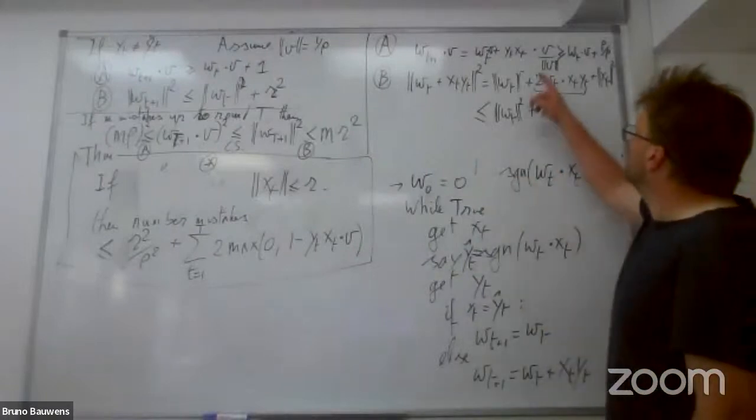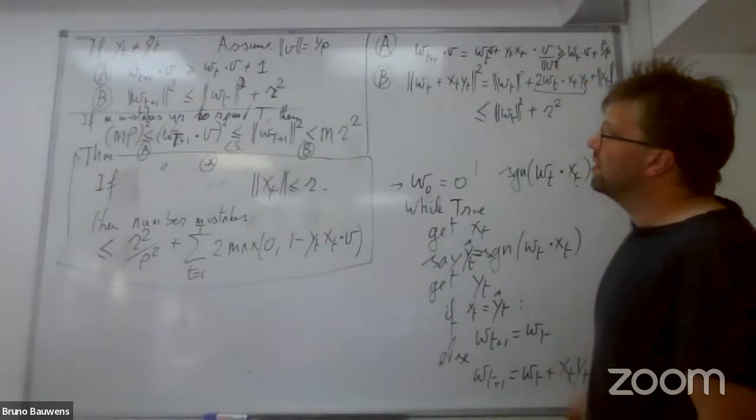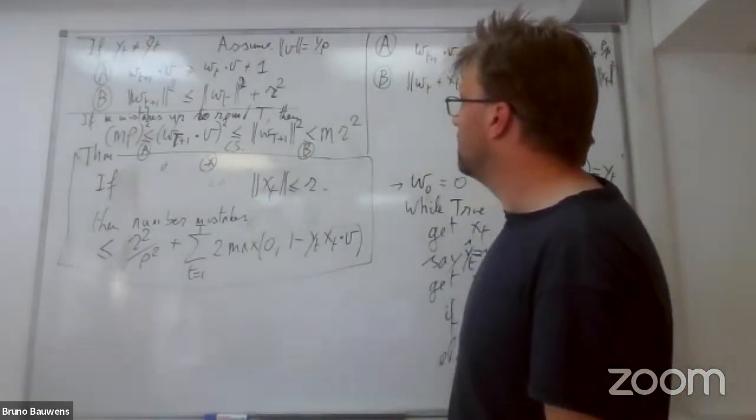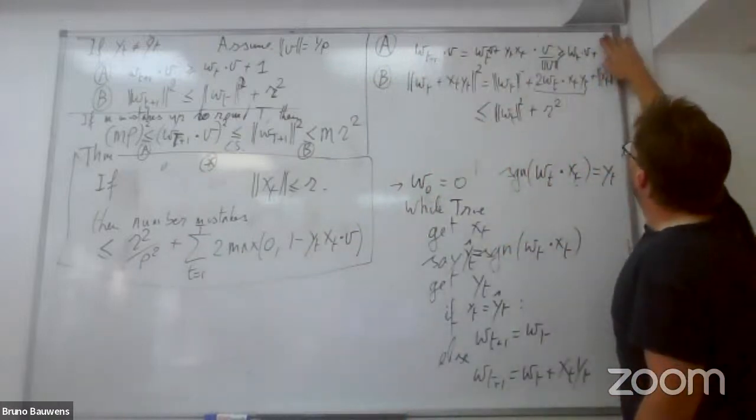So this is at least rho, and then we divide by the norm of phi. I'm confused. Okay, it should be something like this, so there should be a 1 here.